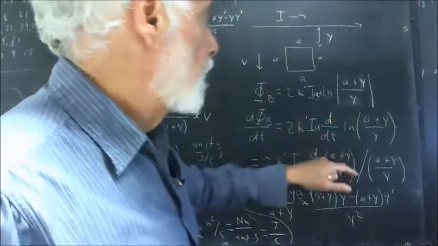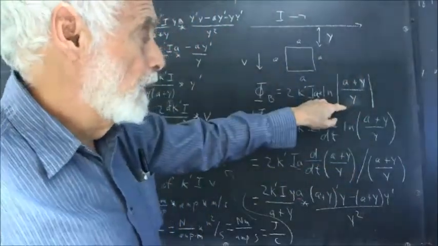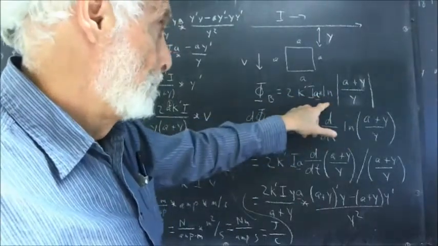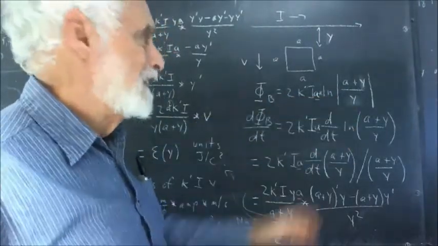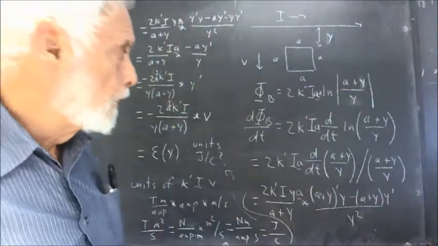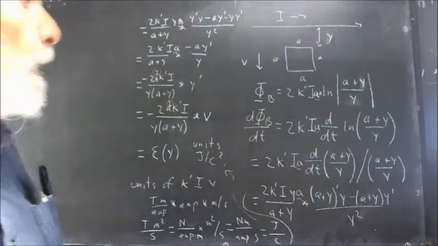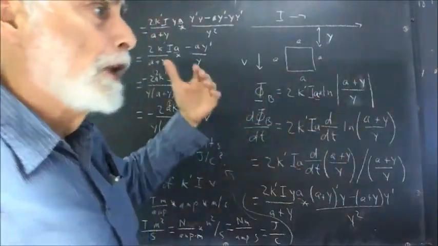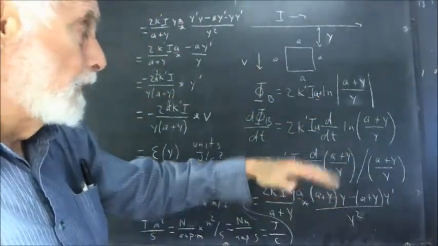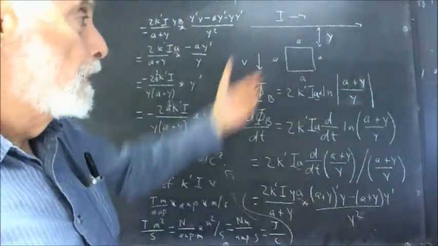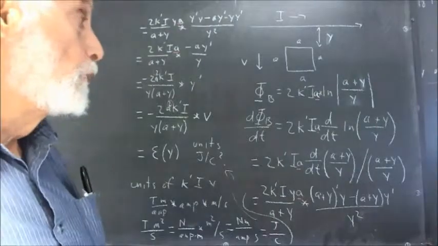As Y gets large, A plus Y is not going to differ much from Y. So this ratio is going to approach 1 at a decreasing rate, as you can verify by doing some derivatives. That implies the flux is going to change more and more slowly, because we're approaching a constant value, and this flux is clearly decreasing with increasing Y.